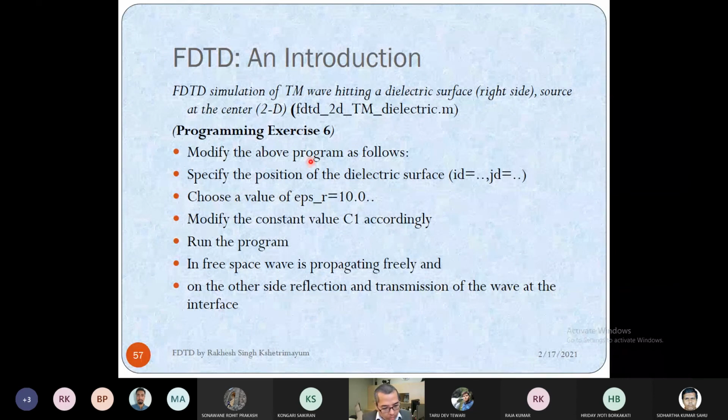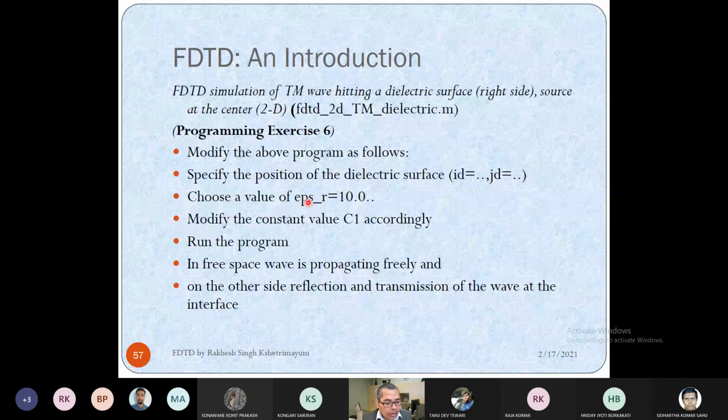If you have done the FDTD program for 2D, the TM case, and want to modify it for the dielectric case, all you have to do is, at some specific location ID and JD, specify the value of epsilon r. Let's say we take it as 10.